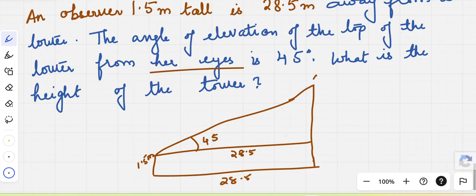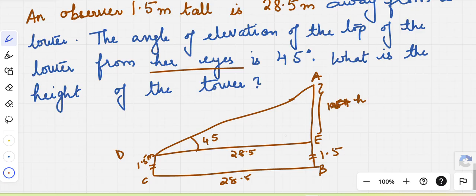What information do we have about the tower? Only one information, that this is 1.5. So this also will be 1.5. So what about this? That will be 1.5 plus h is the whole thing.